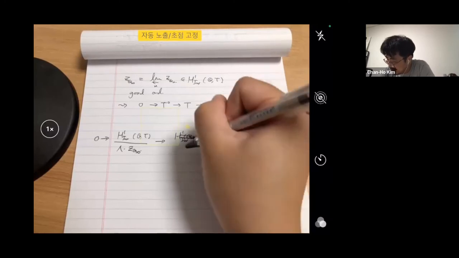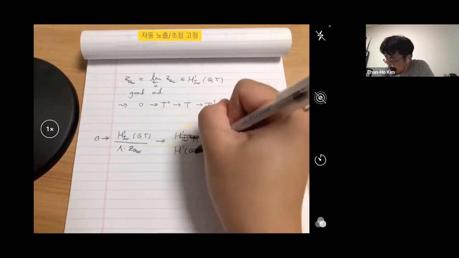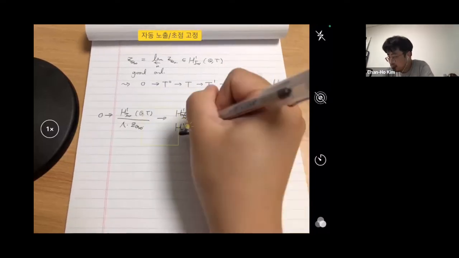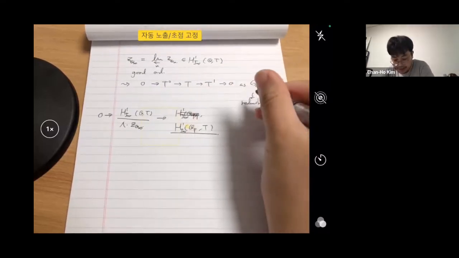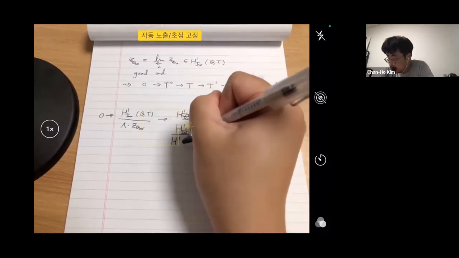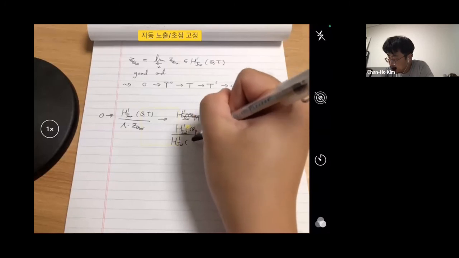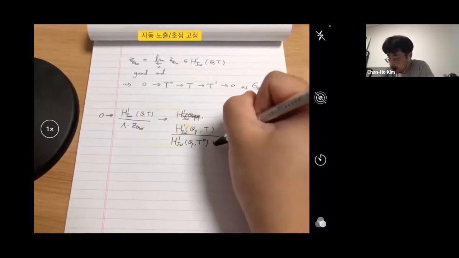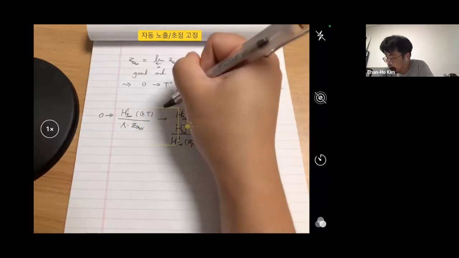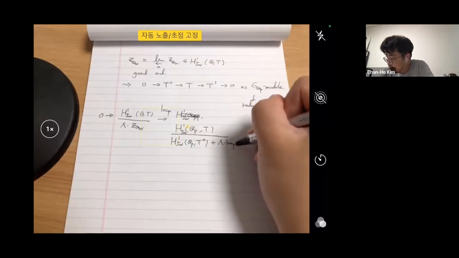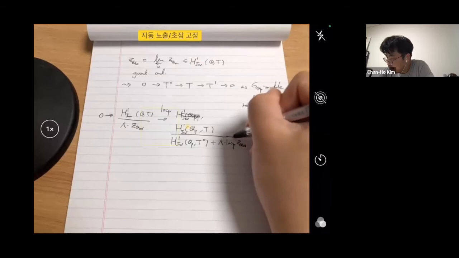H1 Iwasawa of Q_P T, and quotient by, from here, H1 Iwasawa of Q_P with T naught plus the image of a localization map, so lambda times local P z_Q-infinity.